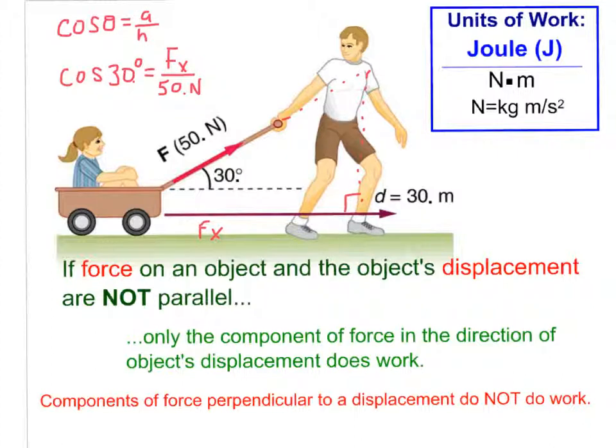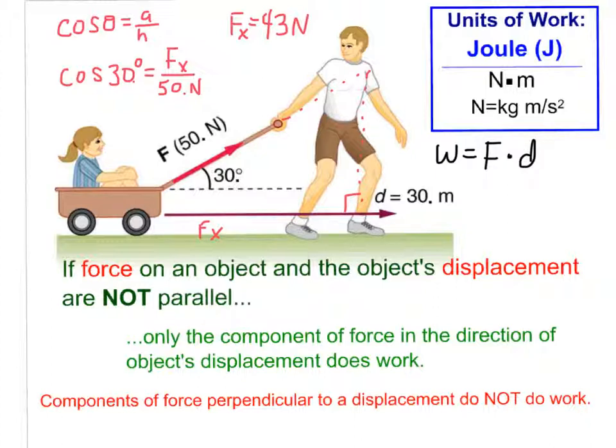We know the cosine of theta is equal to adjacent over hypotenuse, so the cosine of 30 degrees is equal to f sub x, the force in the x direction, divided by 50 newtons for the hypotenuse. When we plug those numbers into our calculator, we get the force in the x direction as 43 newtons.